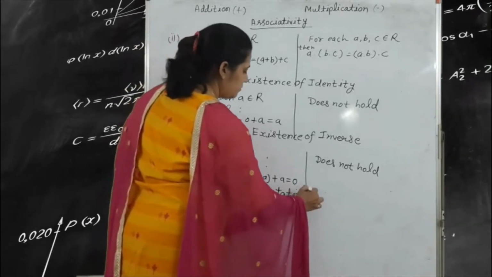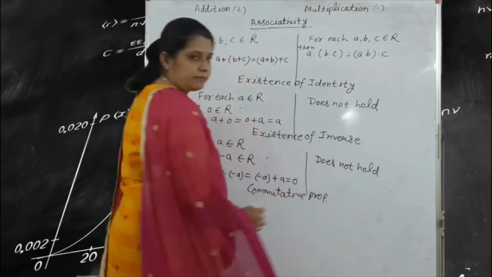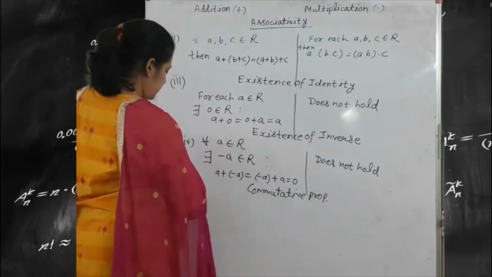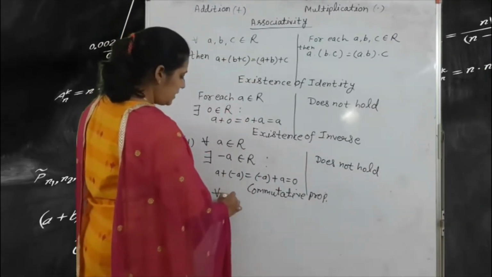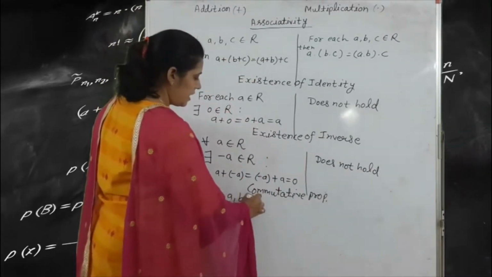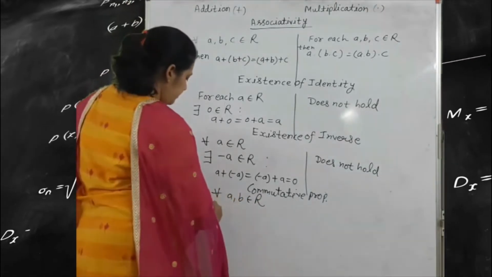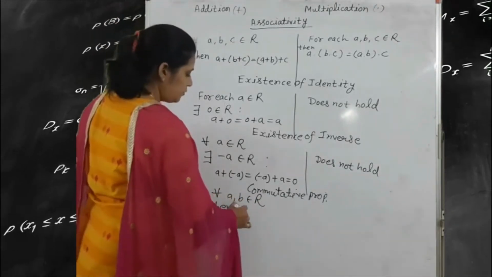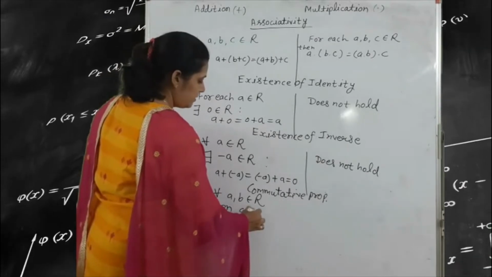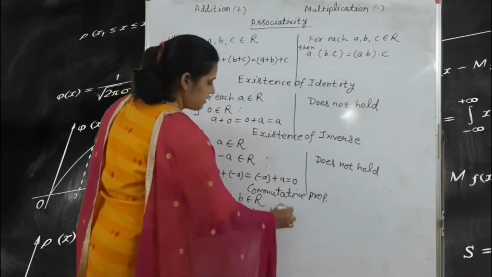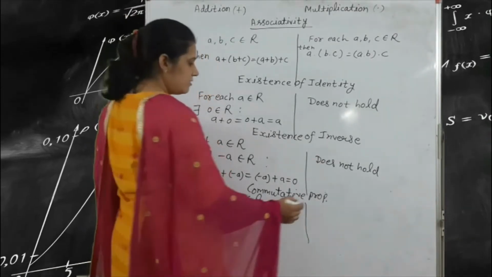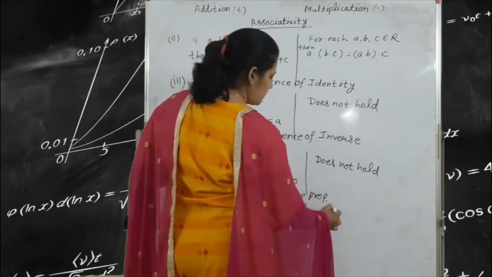Okay, next one, fifth, is the commutative property. Okay, so commutative property, that means what? This is the fifth property. So for all A comma B belongs to R, then the commutative property is what? A plus B is equal to B plus A, and here does not hold.